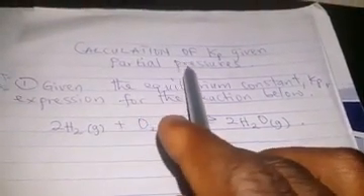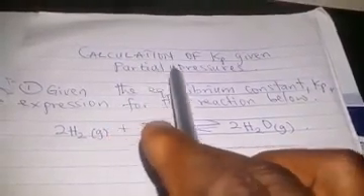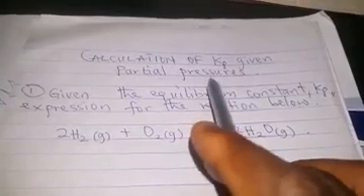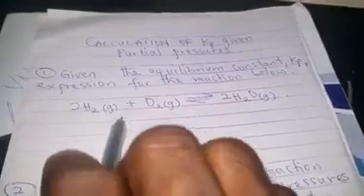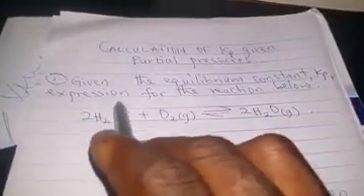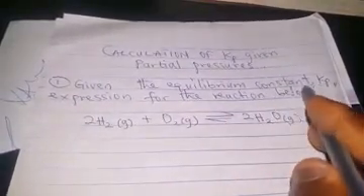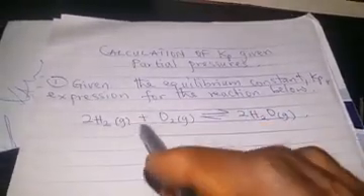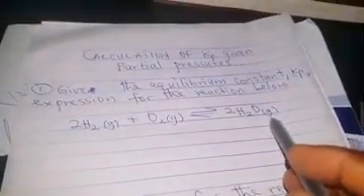There are actually four cases. The first one we're going to look at is the calculation of Kp when the partial pressures are given. Let's see the first example as a question. Give the equilibrium constant Kp expression for the reaction below. First of all, you notice that they are all gases.